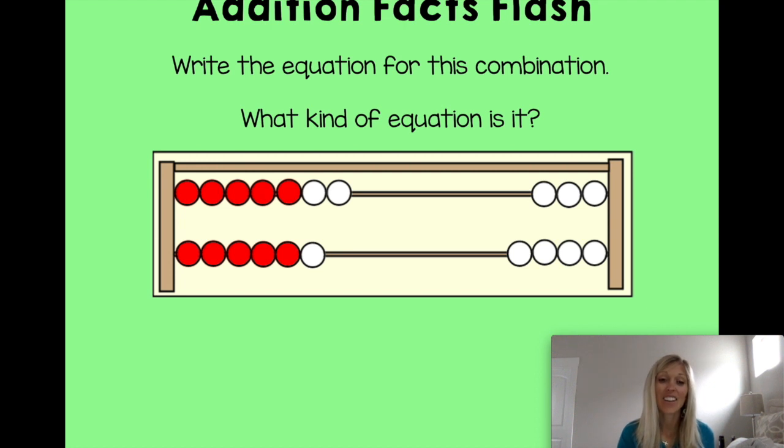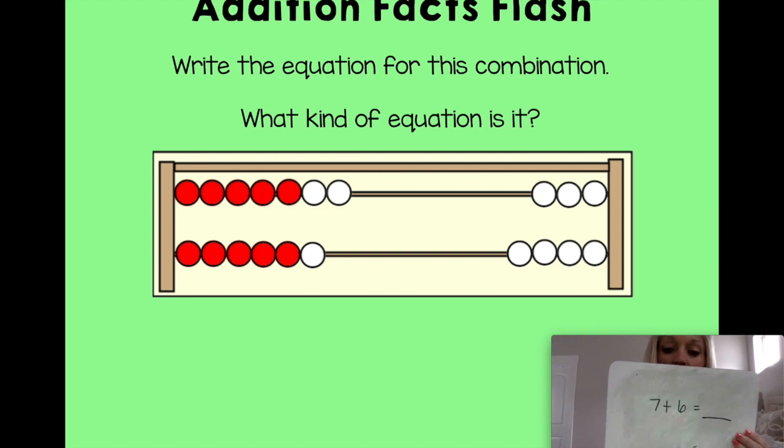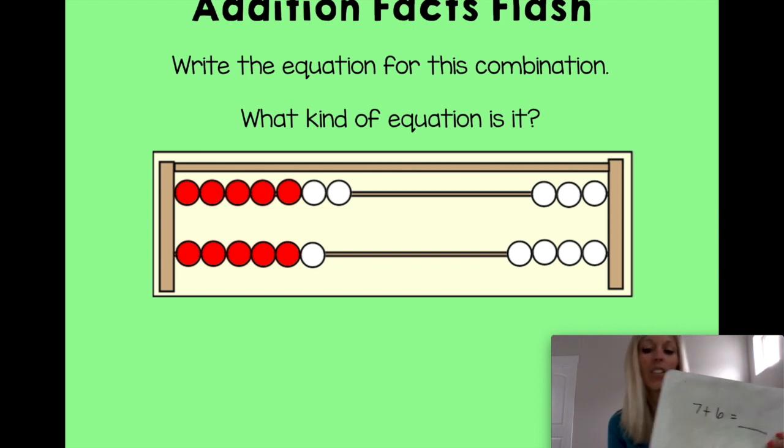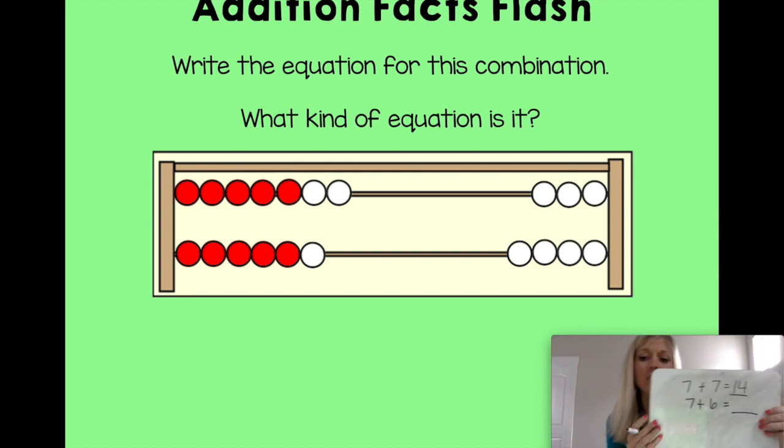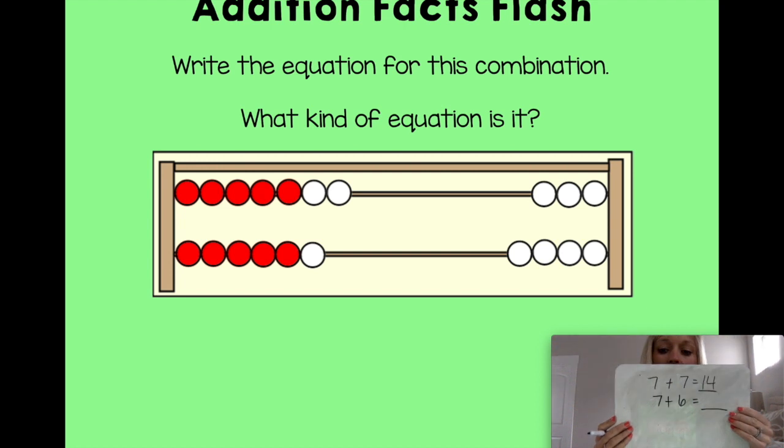Okay. Does your equation look like this? 7 plus 6. How can I use 7 plus 7 equals 14, because I know that double fact, to help me solve 7 plus 6?